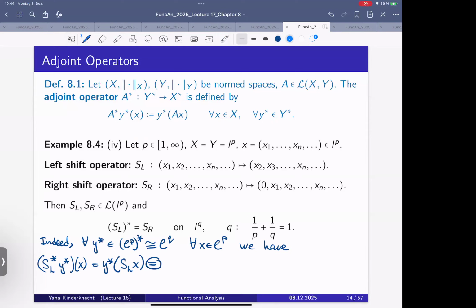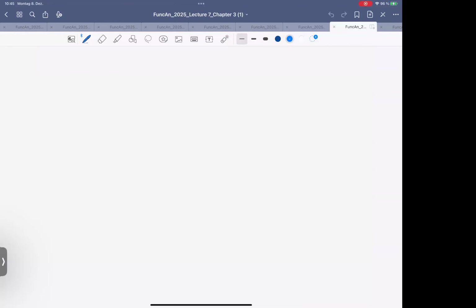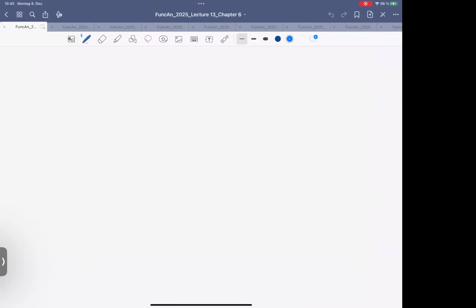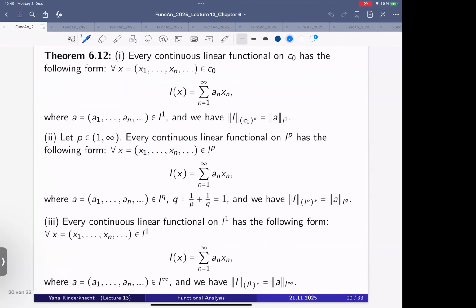And now I know how continuous linear functionals act on LP, because it was a theorem. This is theorem 6.12. Let me find it, I guess I have it somewhere. Yes, theorem 6.12.